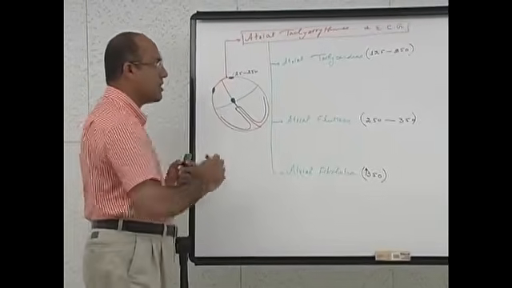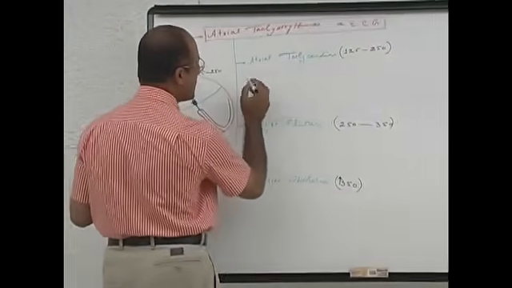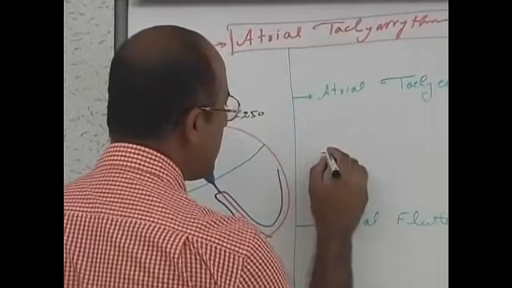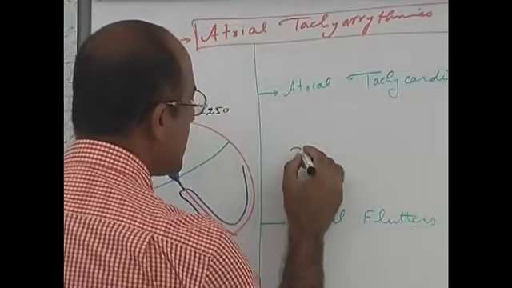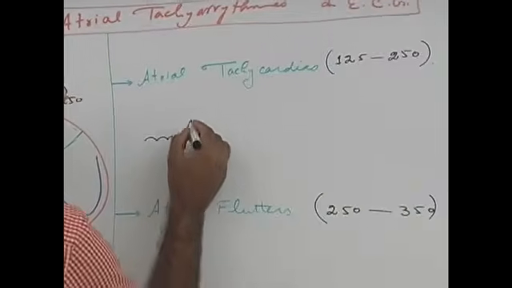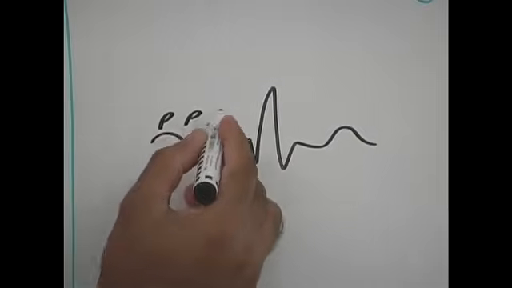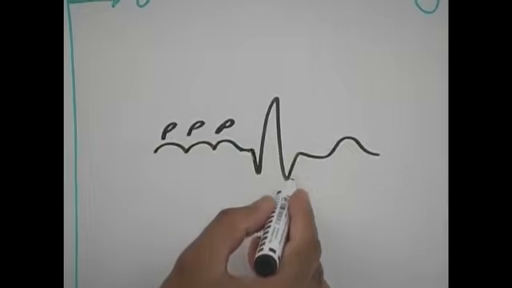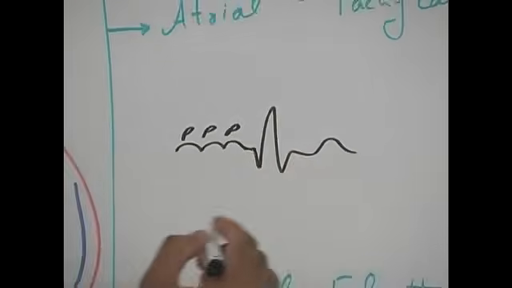Now, all these things are produced when the atria are abnormally irritated or there is a re-entry phenomenon. If you look at the ECG pattern in atrial tachycardia, you can see well-defined multiple P waves, and after those P waves you may find a QRST complex. It means that if there were 3 P waves, only one could be conducted down the AV node, producing depolarization of the ventricle and eventually repolarization.